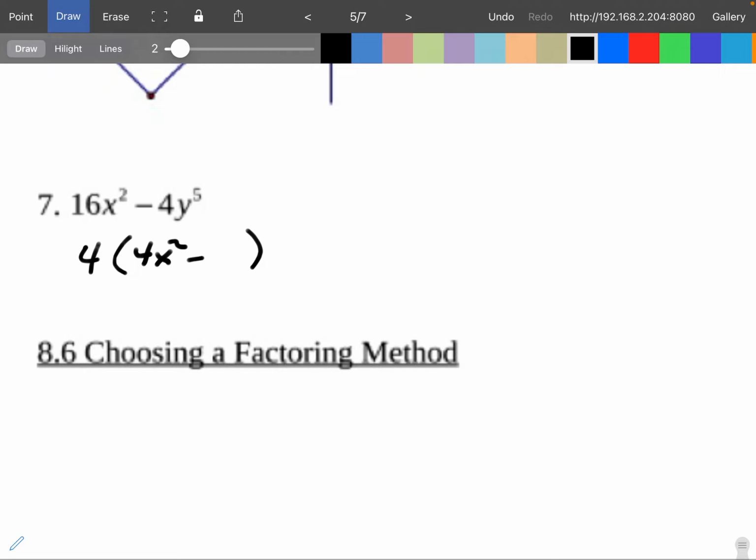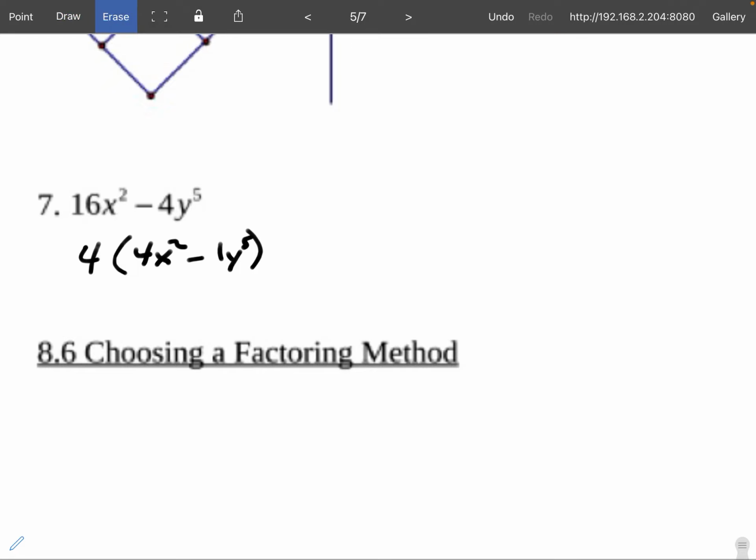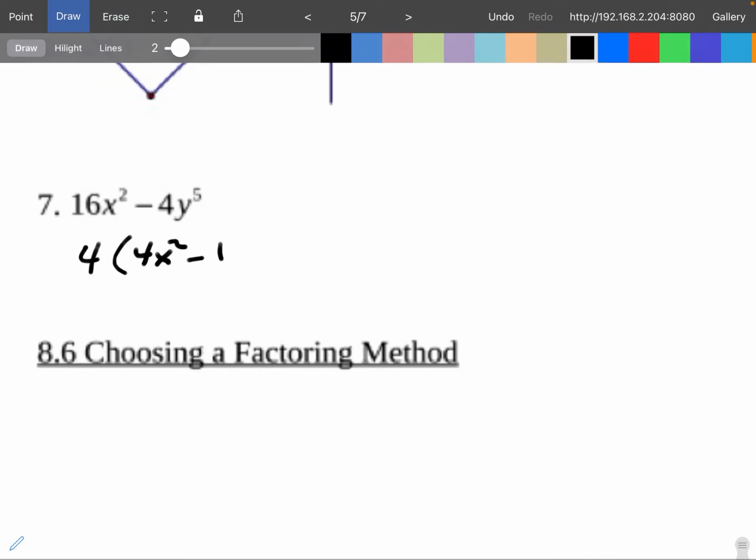And then we'll put a minus in here. And then what would you multiply 4 by to get 4y to the 5th? Good, yeah. 1y to the 5th. That's kind of hard to see. It's supposed to be 1y to the 5th.